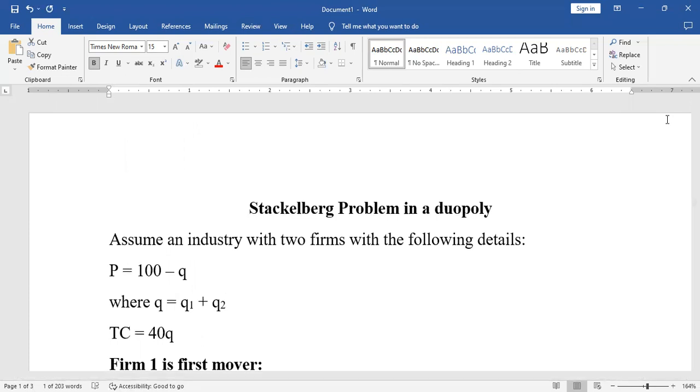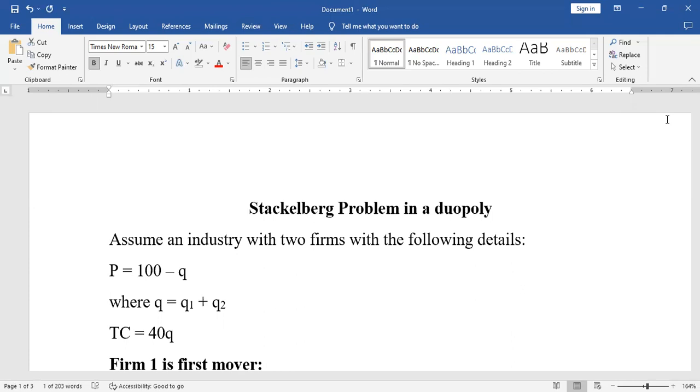So now we need to be careful with the examiner. The examiner can ask us to do the Stackelberg. The examiner can ask us to do a quantity competition where the firms react at the same time. The examiner can ask us to do a cartel where the firms collude and agree on a price. So there are basically 3 of them.